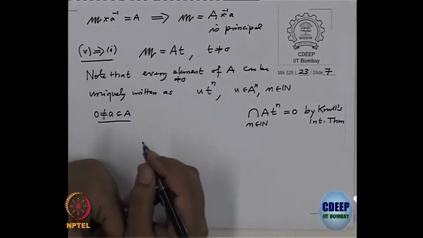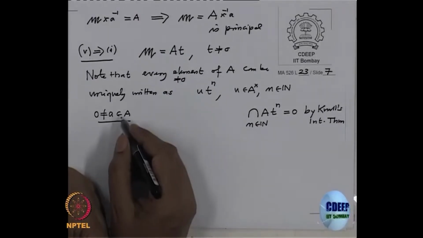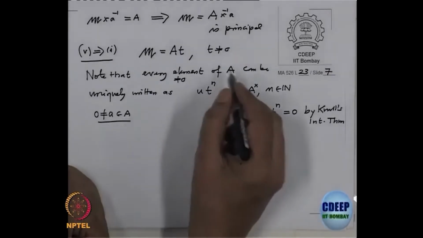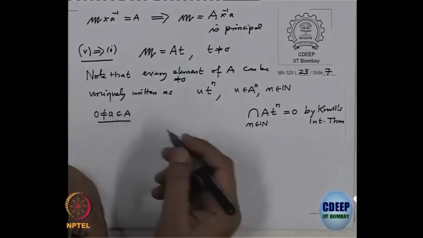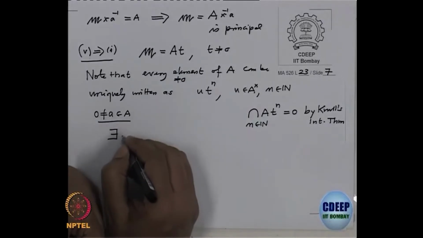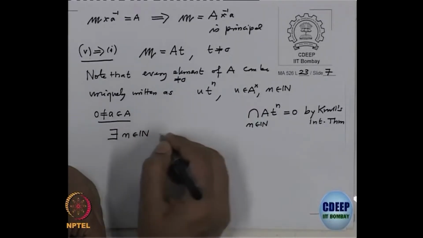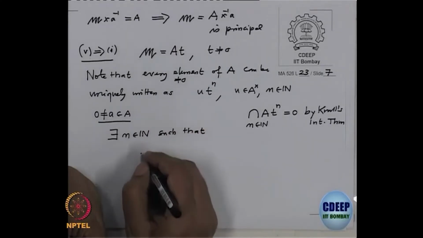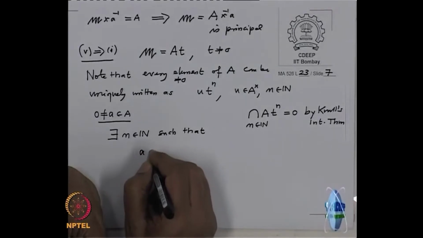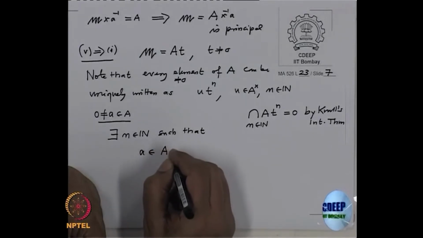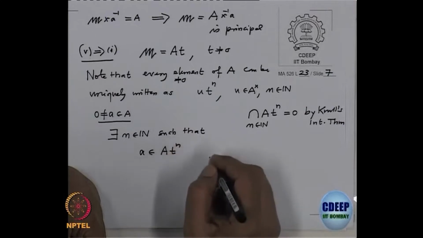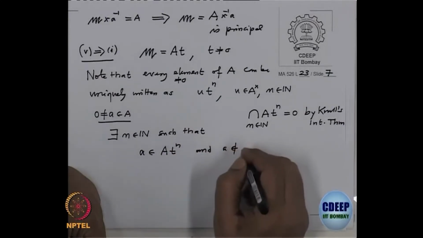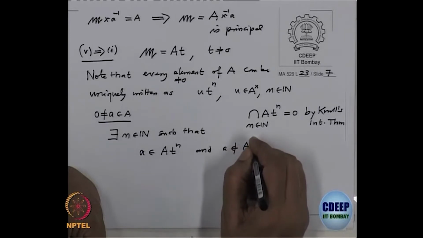Okay, so therefore, this non-zero element a, there exists an n in N such that a belongs to A t power n and a does not belong to A t power n plus 1.